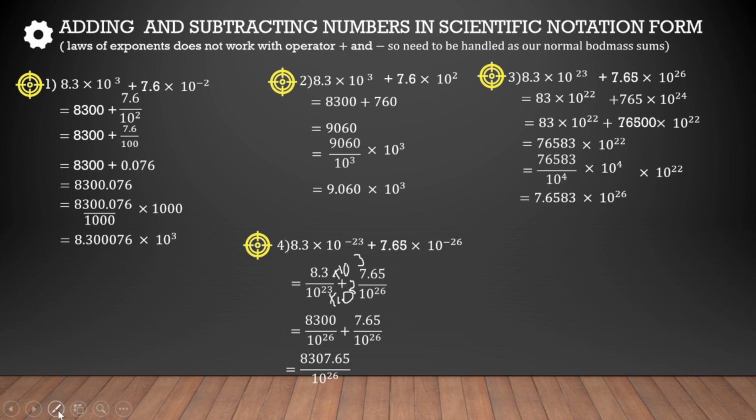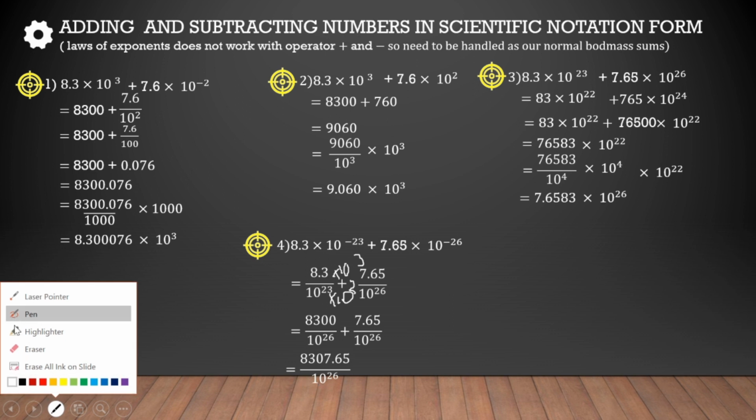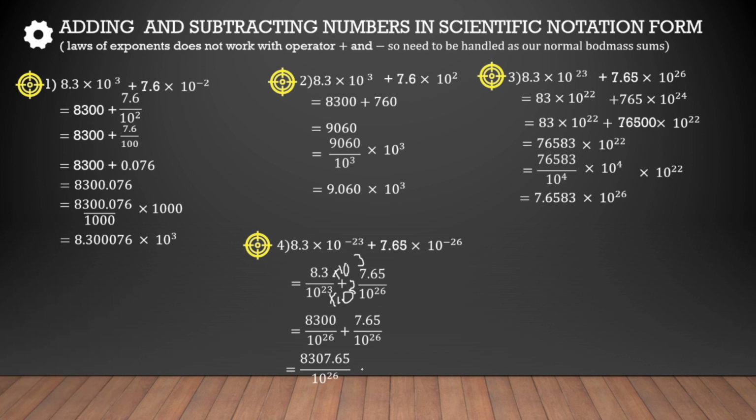Now what do we have to do? We have to make this into scientific notation form. So for scientific notation form, in the previous sum, what did we do? We divided by 10 raised to power 4. Here it has to be shifted 3 places back, so we divide by 10 raised to power 3 and then multiply also. Here we already have 10 raised to power 3. So why should we not take it out like this?